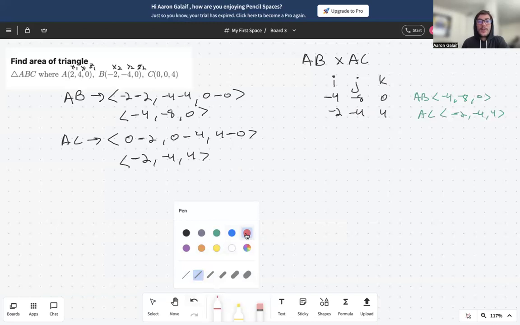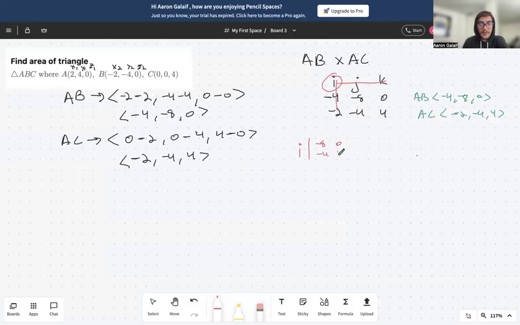Here, since we have a 3x3 matrix, we're going to do this by minors. What that means is first we choose our i. Then the i row and column get canceled out, and the only thing left for a minor matrix would be -8, -4, 0, 4. Just this inside.